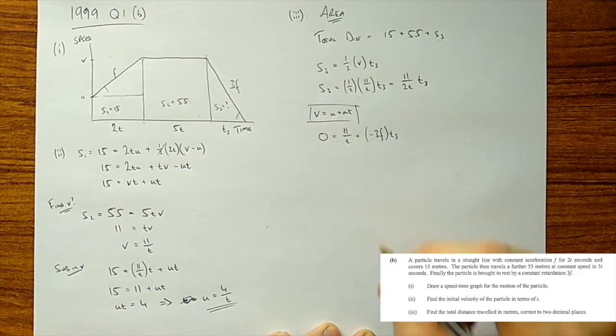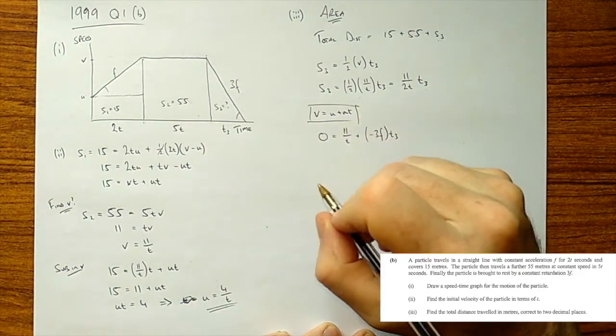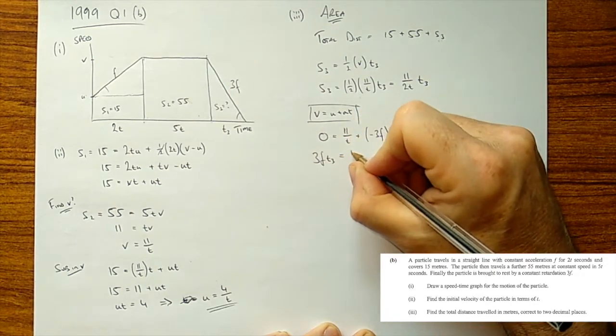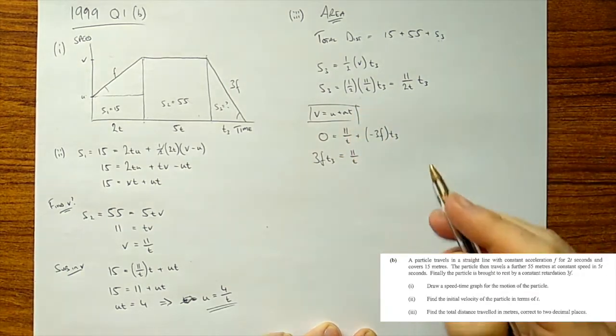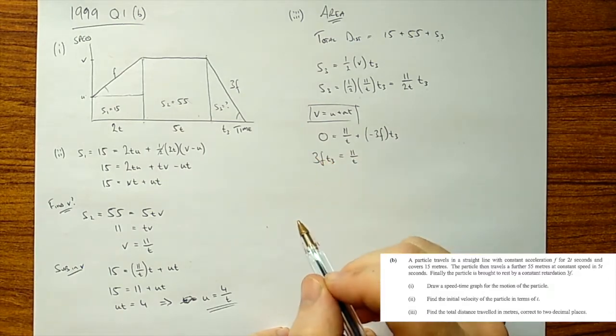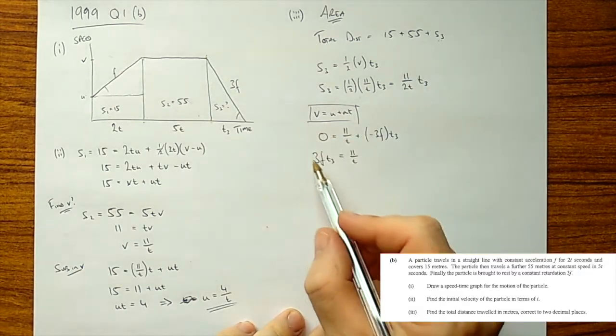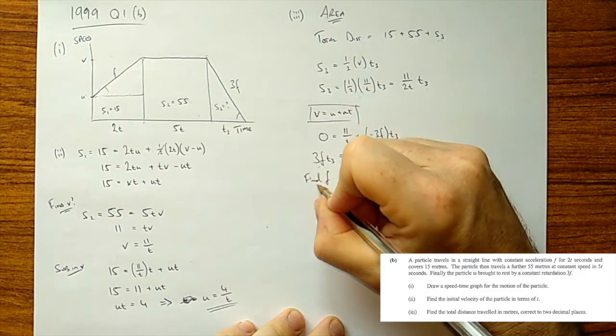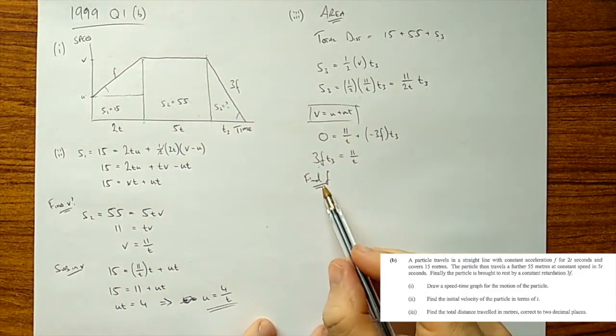So let's see what we can do in this one. Bring these guys over here. 3F T3 equals 11 over T. We're getting there. I've still got 2 unknowns, T3 and F. So let's see, can we solve for F? Okay, find F. Well, where else do I have F?